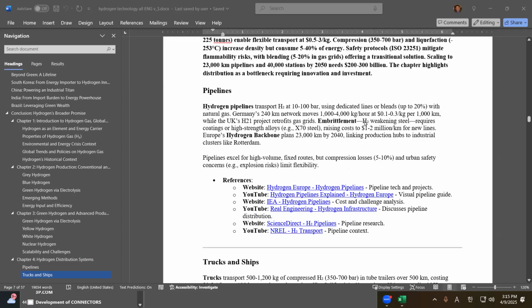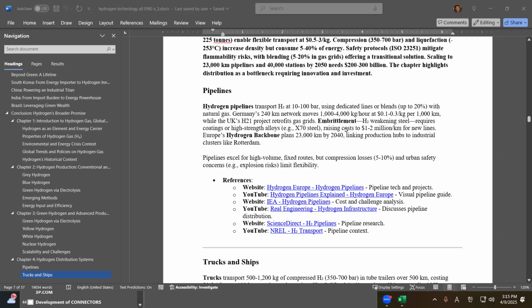So hydrogen H2 can weaken steel. It's called embrittlement. That's why we need a coating or high strength alloy, which is very expensive, raising cost to $1 to $2 million per kilometer for new lines. So anyhow, that is one we need to know.